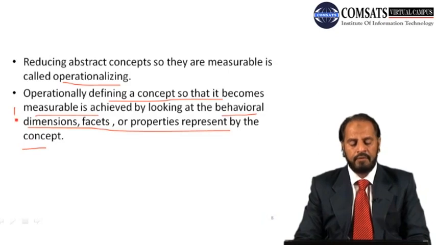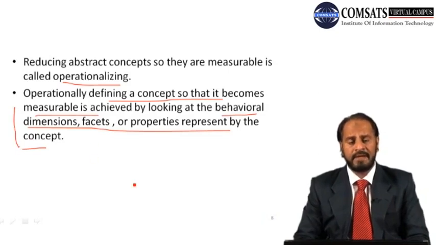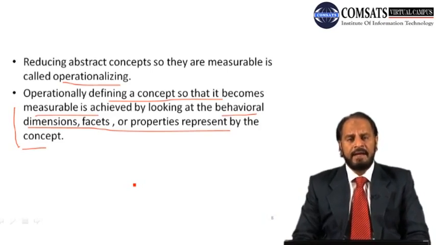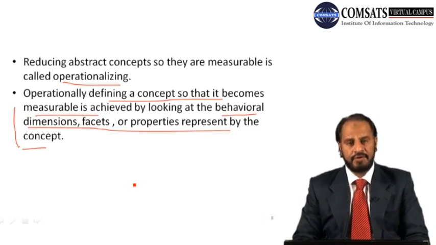So how do we do that? We basically try to see what are the characteristics or behavioral dimensions of that particular concept. Whatever the concept might be, motivation or loyalty or satisfaction, in any of these cases we need to see what are the behavioral dimensions to that, because that's what we can observe.